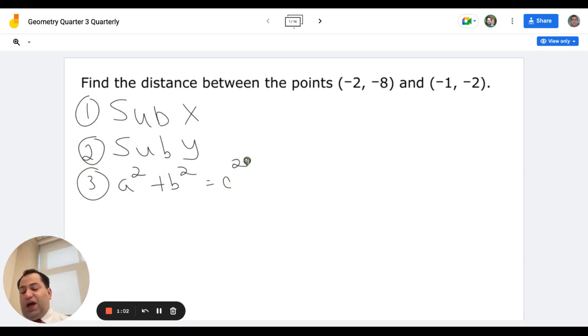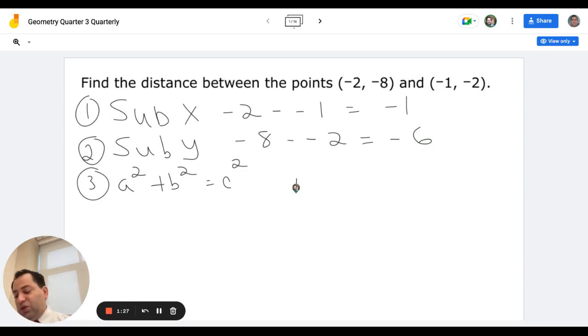All right, so if we do that, we have -2 minus -1, which is -2 plus 1, which is -1. Here we have -8 minus -2, that's -8 plus 2, which is -6. In the Pythagorean theorem, we can actually ignore the negatives here.